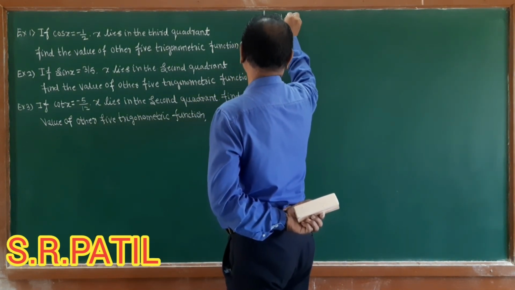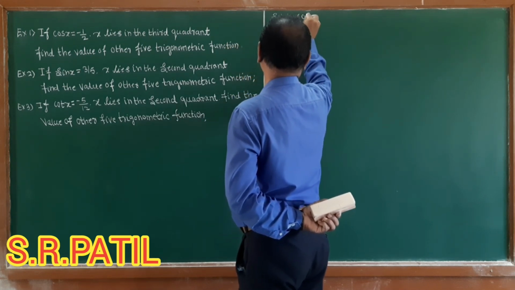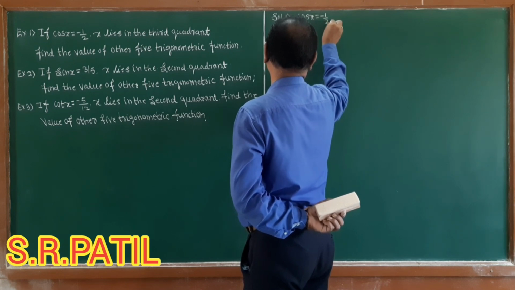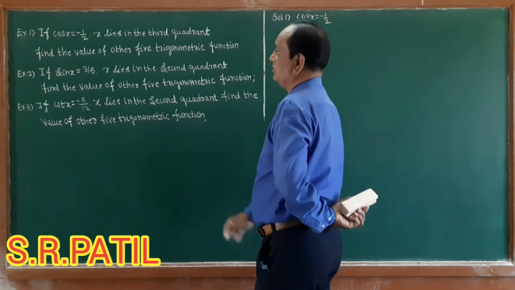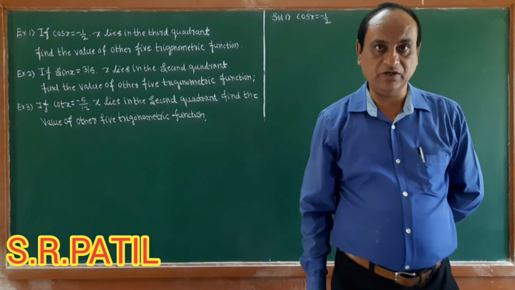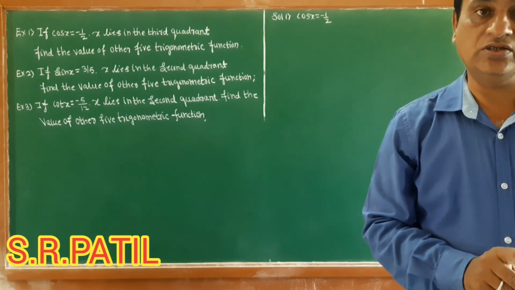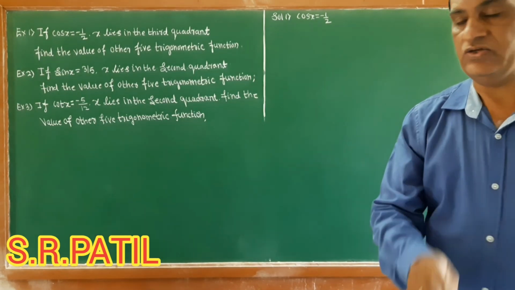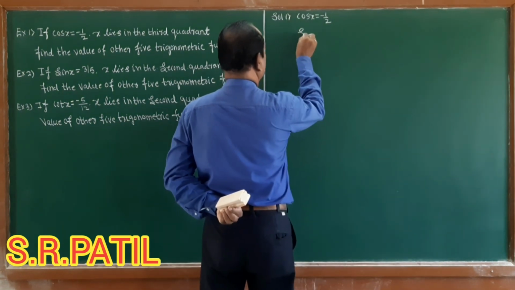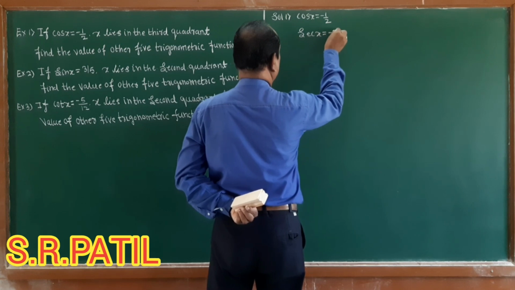So that is the solution for the first one. cos x is equal to minus 1 by 2 is given. Therefore x lies in the third quadrant. The reciprocal of cos is sec, so sec x is equal to minus 2.